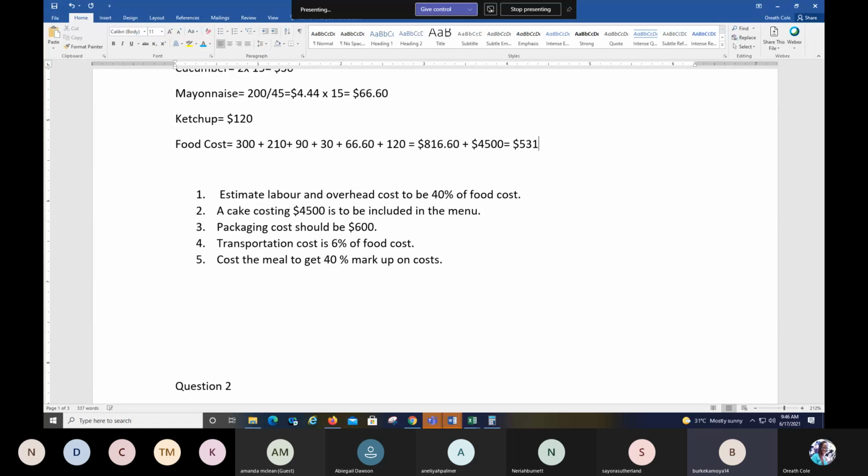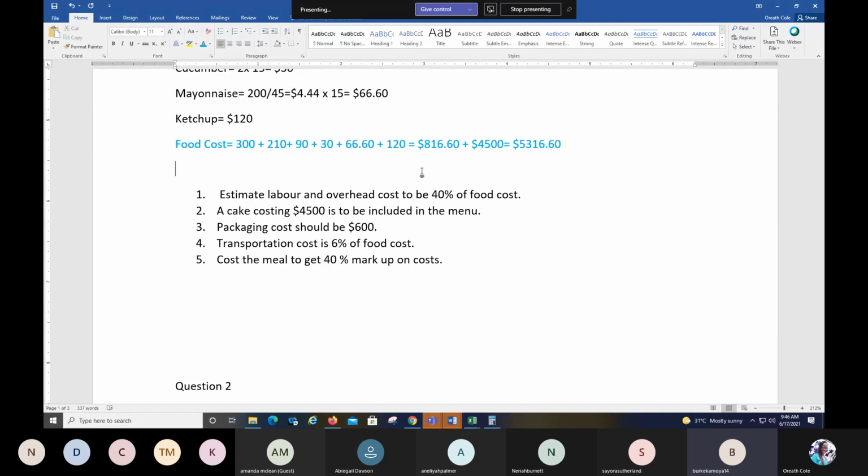Yes, and 60 cents. Good. So we know how much is our food cost. This is our food cost because it also includes our cake.